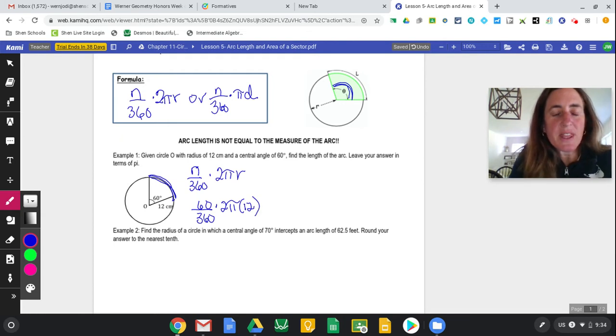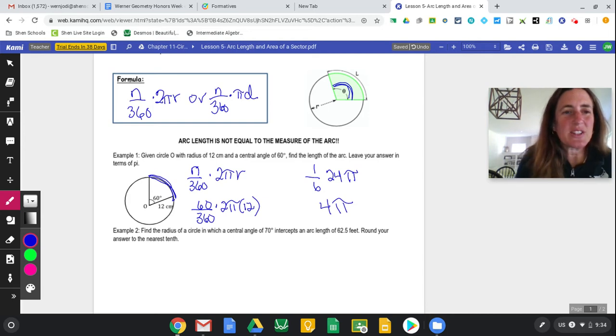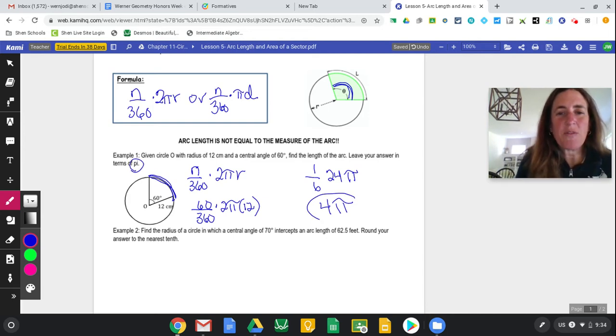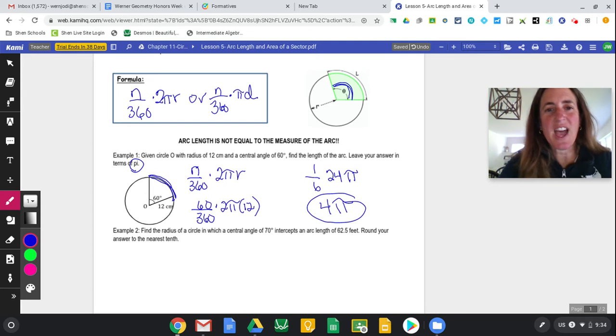I can simplify a little bit. 60 goes into 360 one-sixth of the time, and 2 times 12 is 24 pi. Now, I know what 1/6 of 24 is because I'm a genius, and that's why I'm in honors. It's 4 pi. It says leave your answer in terms of pi, so it's 4 pi for the length of that arc.